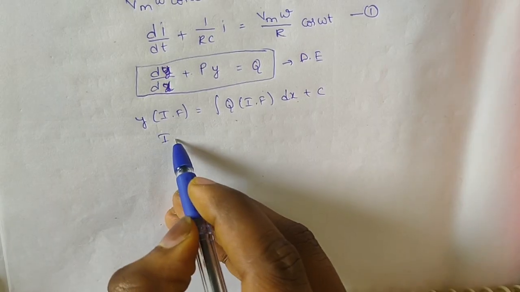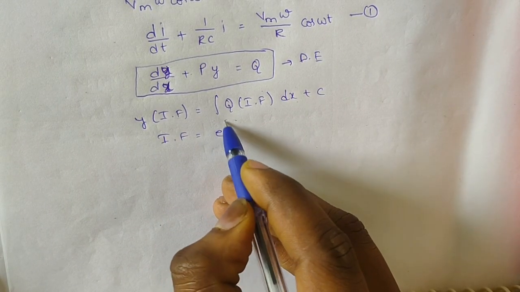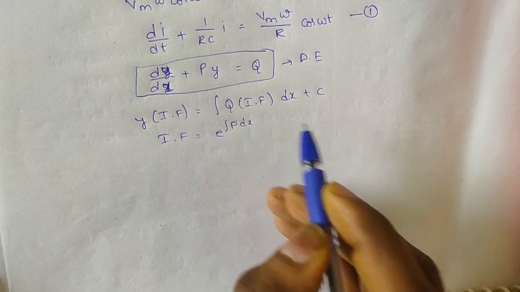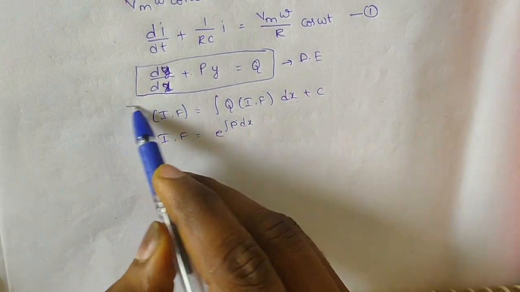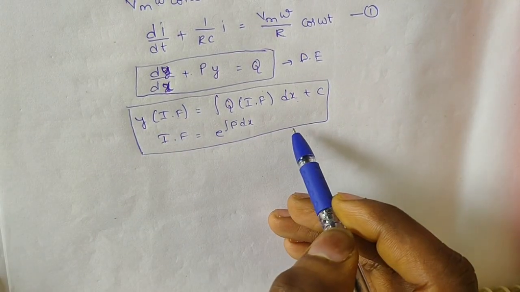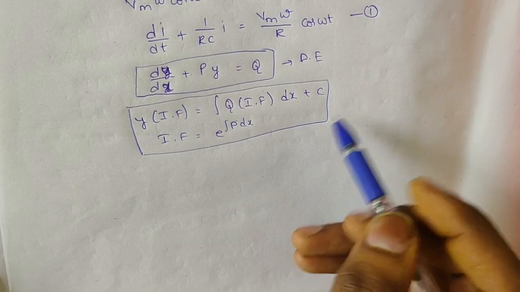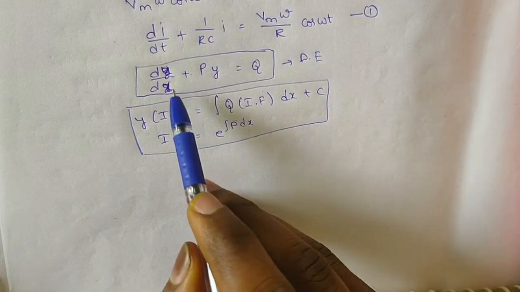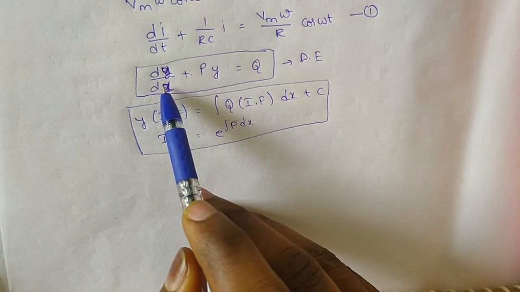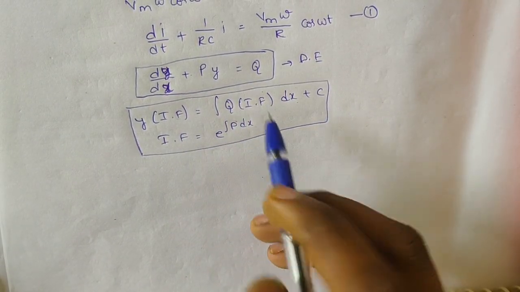The integrating factor value will be e power integration of P dx. This we will be discussing in the differential equation topic. So to solve this type of linear differential equation, this is to be followed.